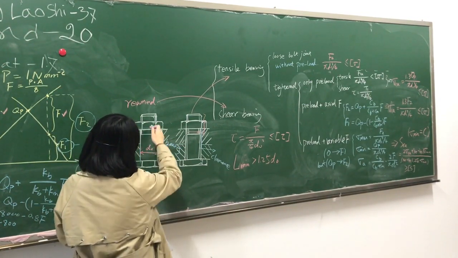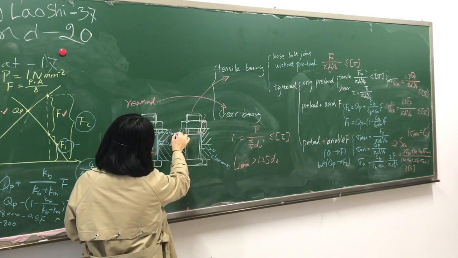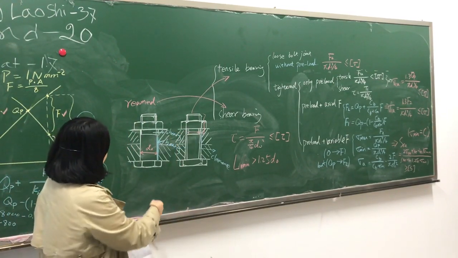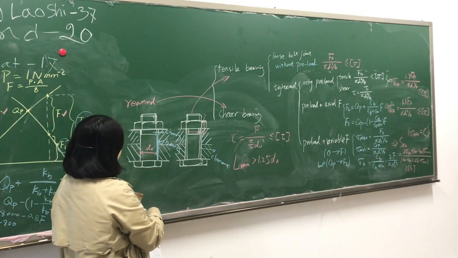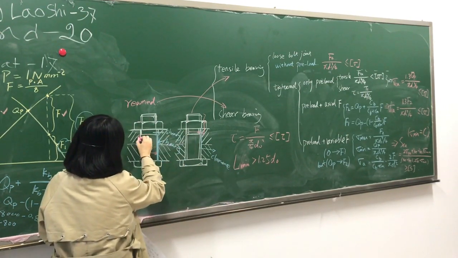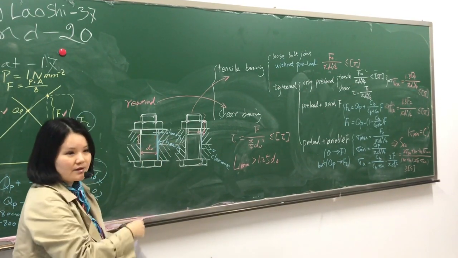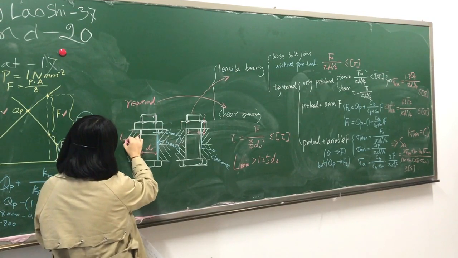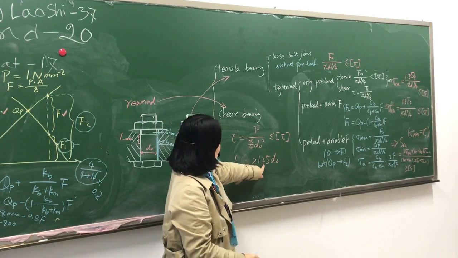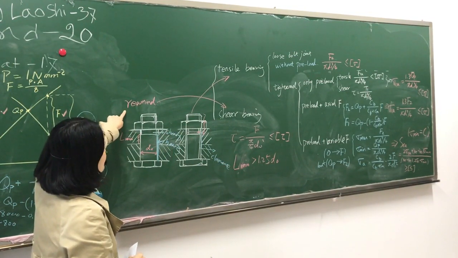L min is this length, because this length is the minimal length, and this length should be less than allowable value when designing the reamed bolt.